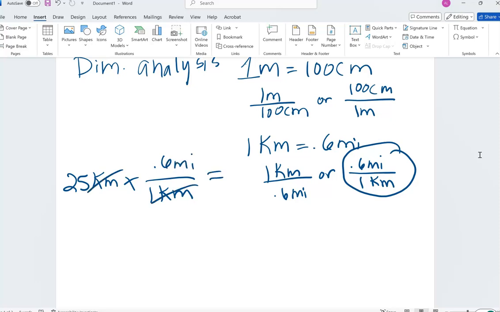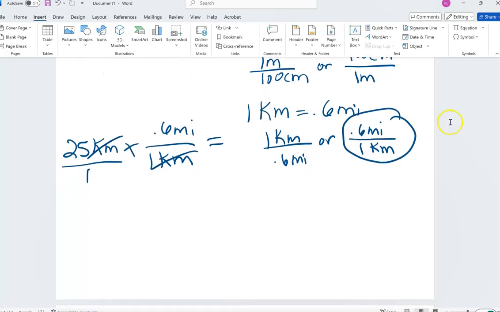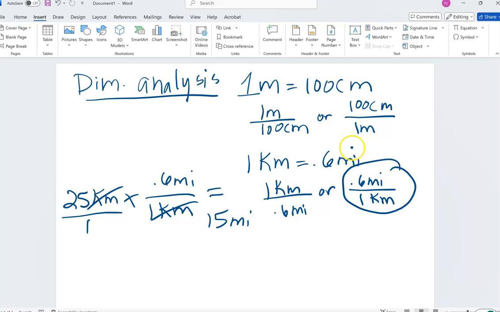Cross out kilometers. If it's easier, you can put a 1 under here. And you need a calculator and periodic table for sure. So I'm going to do 25 times 0.6, because there's nothing on the bottom to divide by, is equal to 15 miles. So before we get into reaction stoichiometry, you do have to remember how to do dimensional analysis.